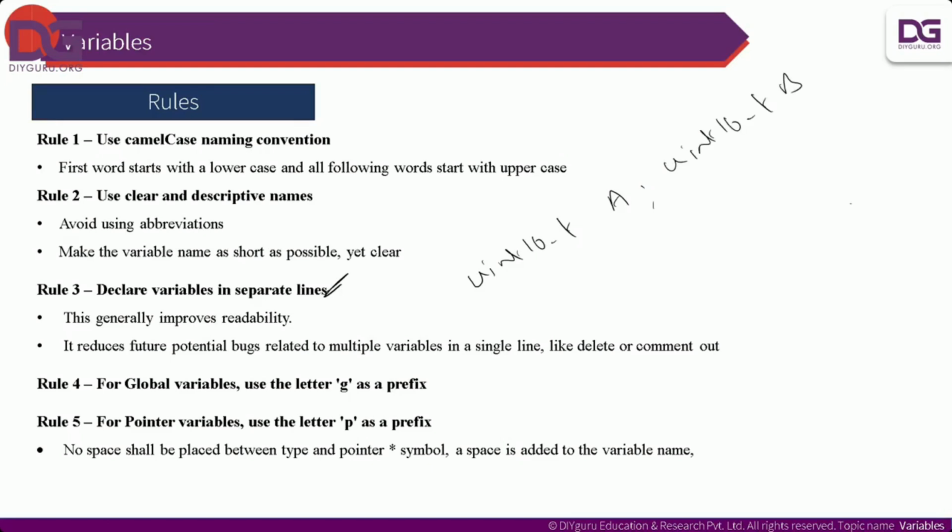If you don't, what happens is maybe you miss a comma or a space, and that can lead to bugs if multiple variables are present in a single line. So to prevent that, it's better you use a separate line for each: uint16_t a, uint16_t b, like that.